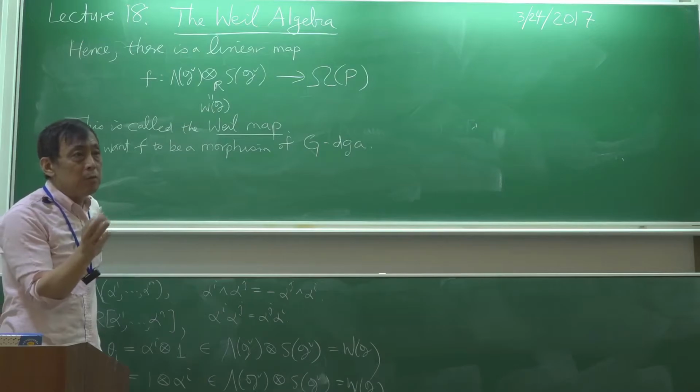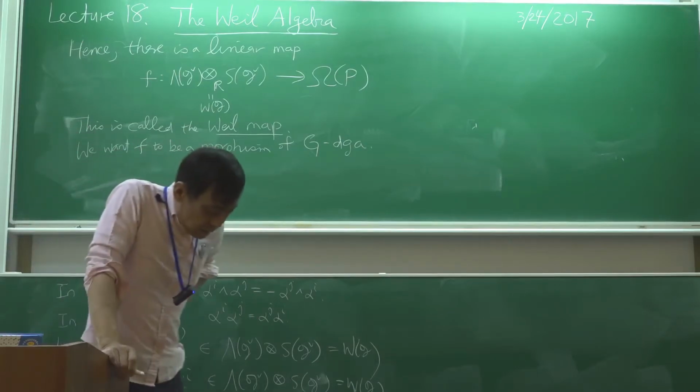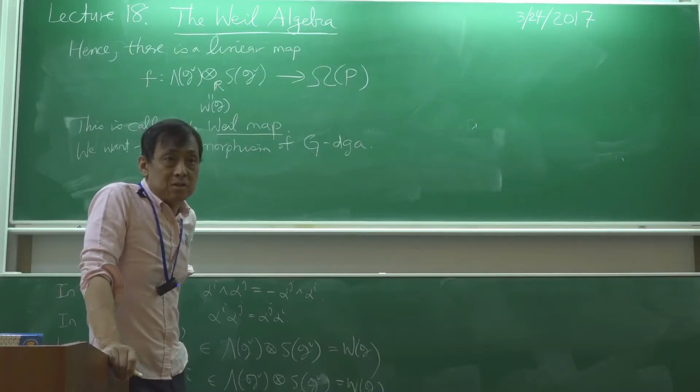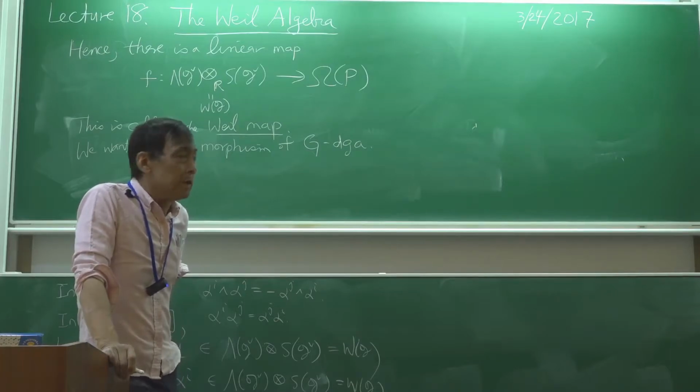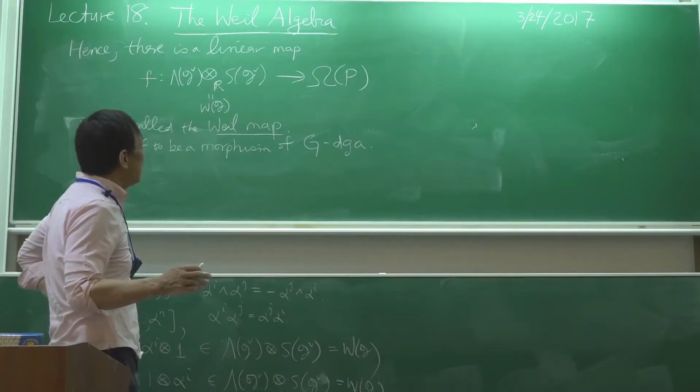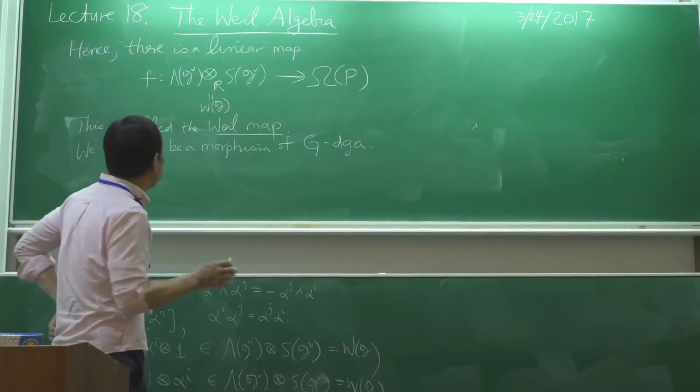That means it should commute with the exterior derivative and with the actions of the Lie algebra and the Lie group. So let's first try to define the exterior derivative.